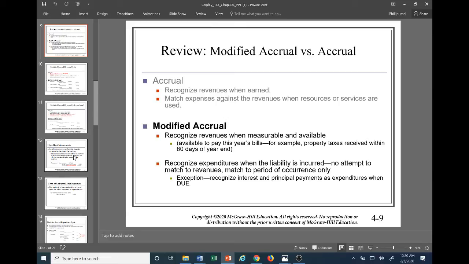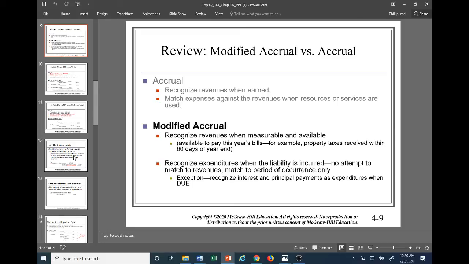Obviously, we know when debt is outstanding that there are going to be installments that are due, made up of both principal and interest. So that's the exception to matching: the expenditure is recognized when the outflow is due, on interest and principal on debt, which makes sense because obviously we have to match that.